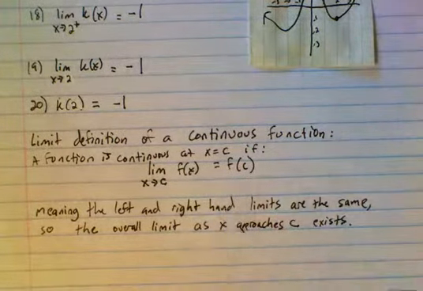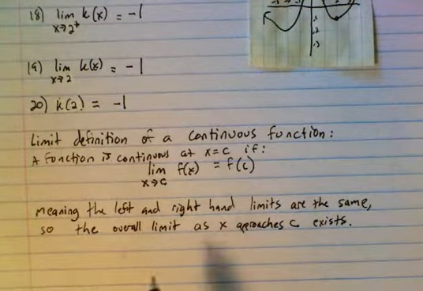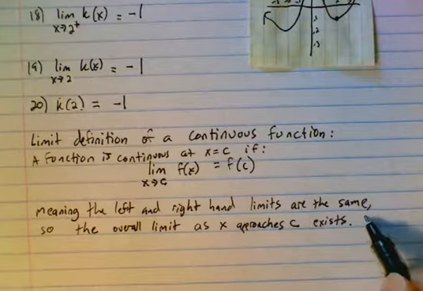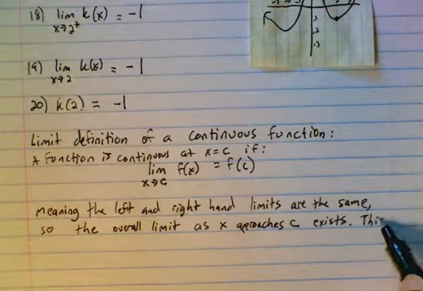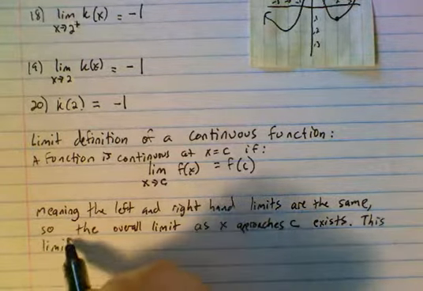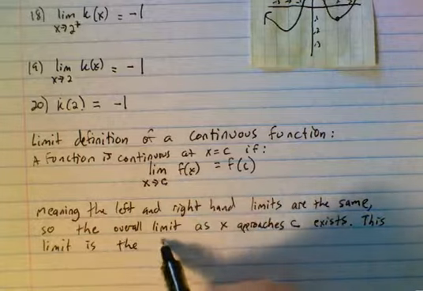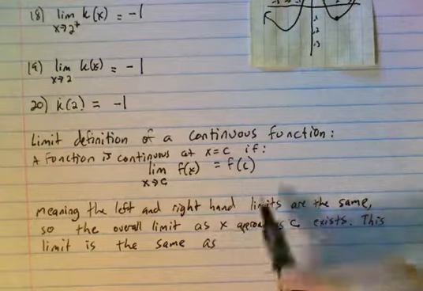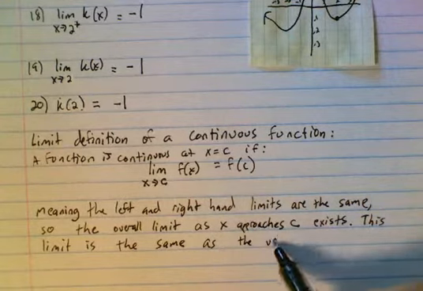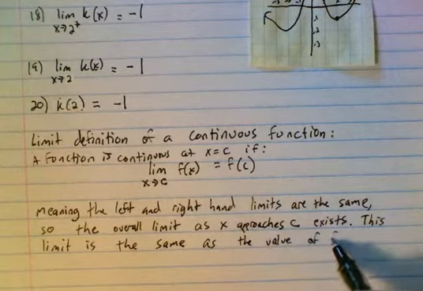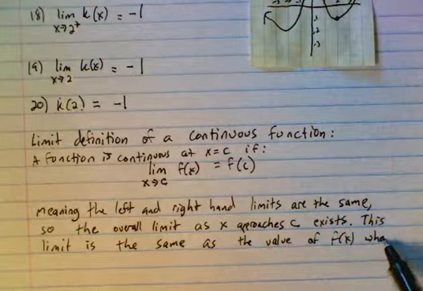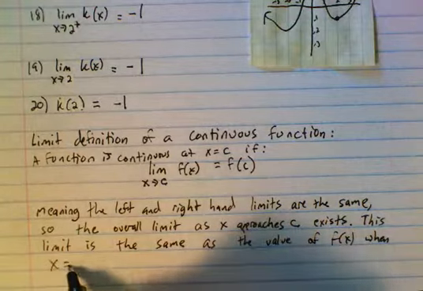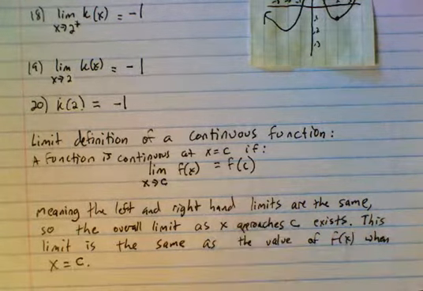Limit as x approaches c of f of x equals f of c. So the left and right hand limits are the same. The overall limit as x approaches c exists. And this limit is the same as the value of f of x when x equals c.